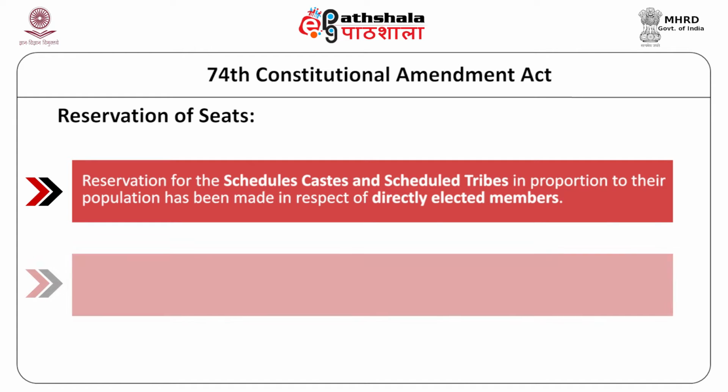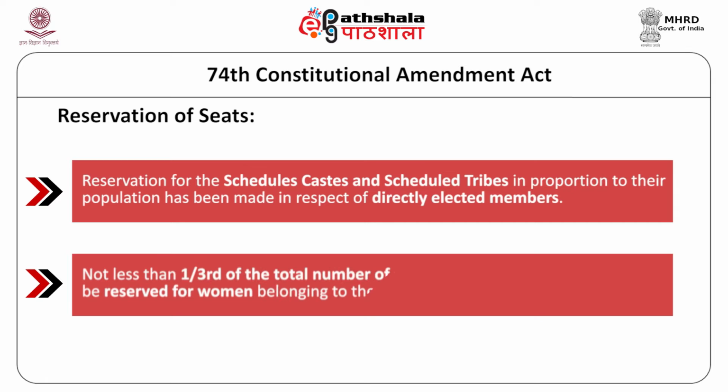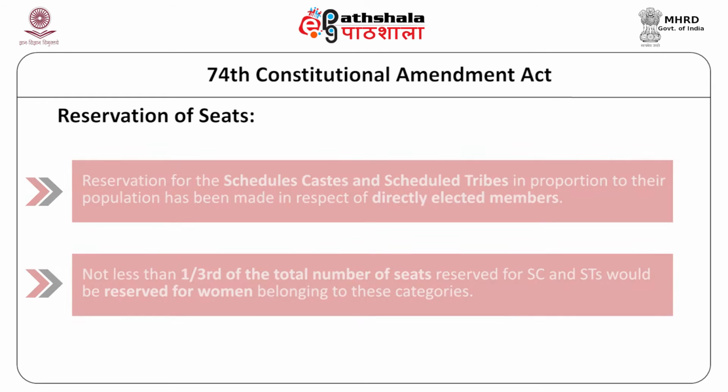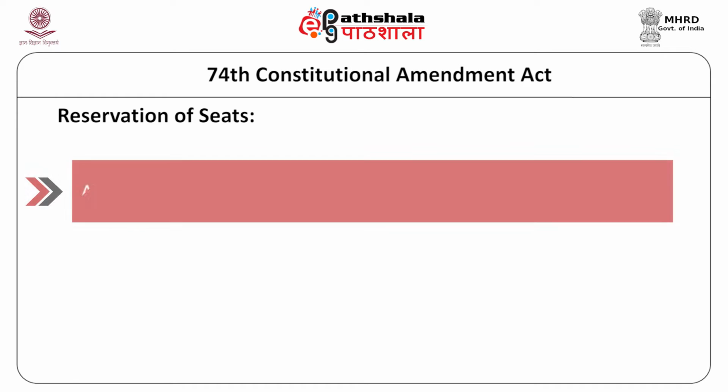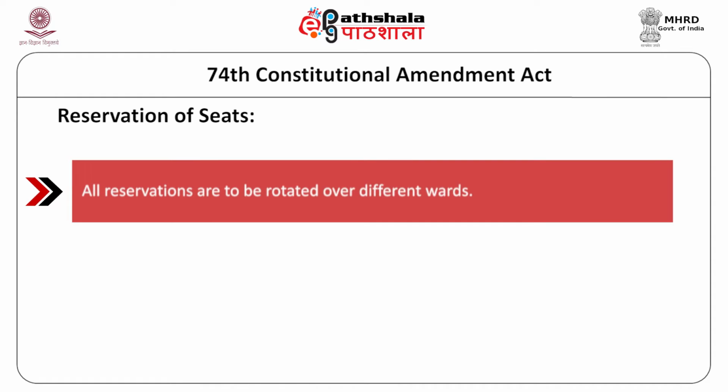And of the seats reserved for the SC and ST population, 1/3 of the seats are to be reserved for women belonging to the SC or the ST category. There is also reservation of seats for women. 1/3 of the total seats are reserved for women, and this includes the seats reserved for SC women. All reservations are rotated in different wards.